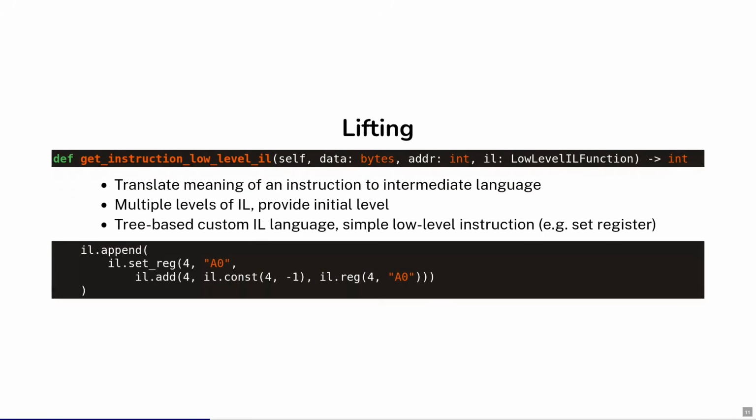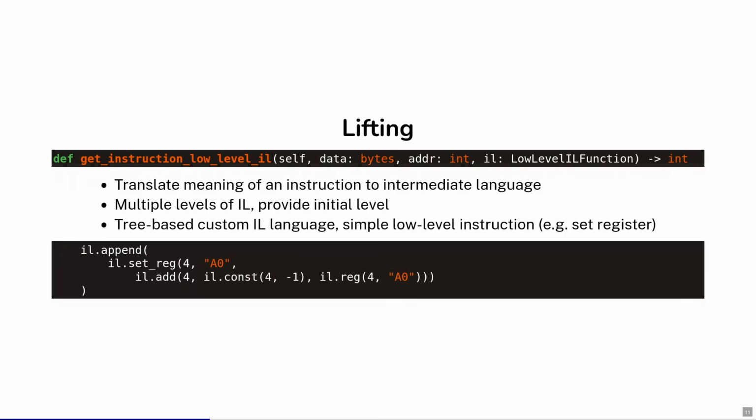The usual lifting approach is we get our instruction and a low-level IL function, and we add IL instructions, intermediate language instructions, to this function. We do this by translating our instruction into this intermediate language.